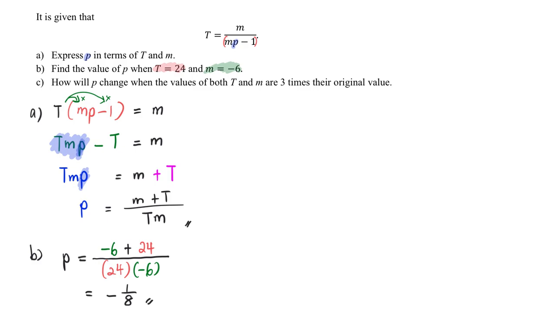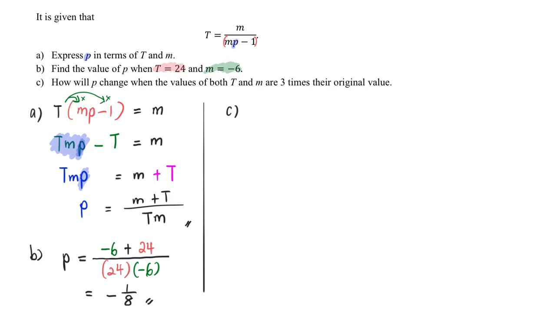Right, let's move on to the next part of the question, where we are to check how P will change when the values of both T and M are 3 times their original value.